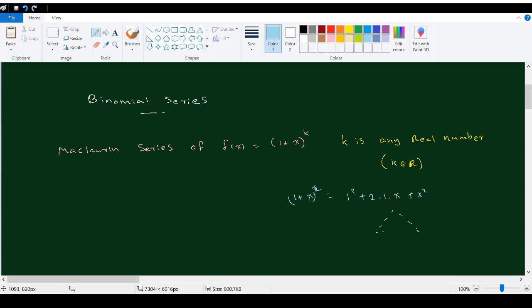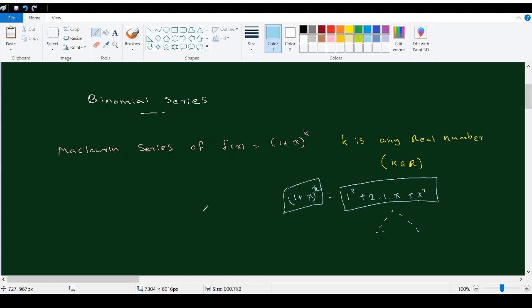But the interesting thing here is that when you find this Maclaurin series, you can see we will get an expansion no matter whether k is an integer or not. Even for negative numbers we can get the expansion. If k is a positive integer, you will get a finite number of terms in the expansion.